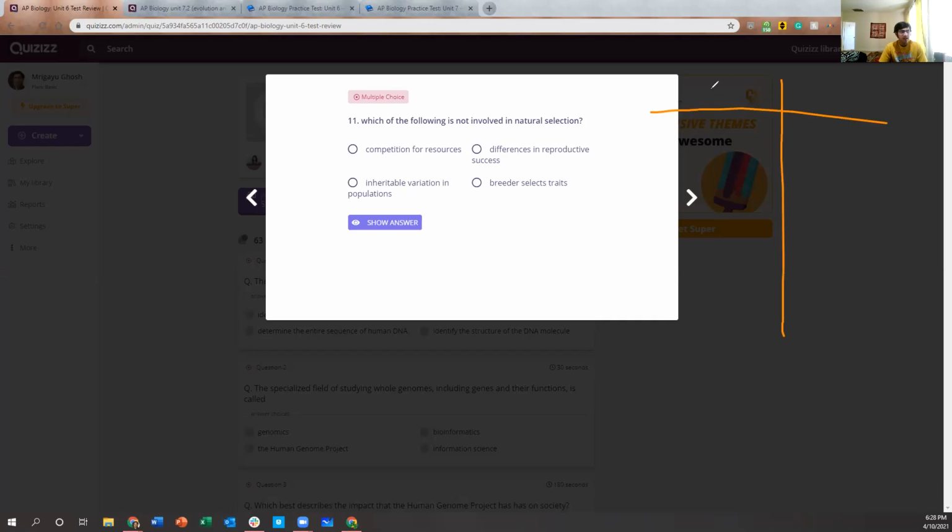On one side, the conditions for Hardy-Weinberg, HW, and on the other side, the mechanism of evolution. For each mechanism of evolution, you want the opposite for Hardy-Weinberg, because in Hardy-Weinberg equilibrium, you don't want the population to be evolving. Remember, we have five conditions, so we have five mechanisms of evolution.